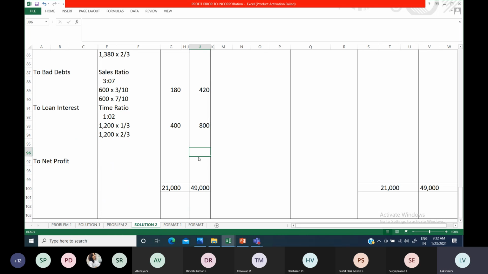Subtract everything and put that amount here. You can highlight this amount and show it.